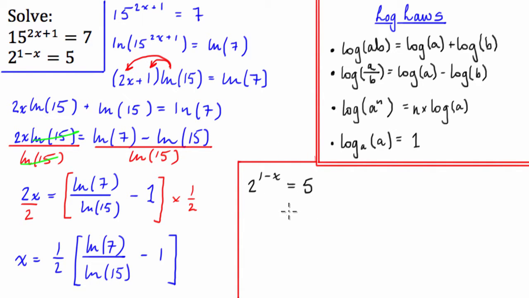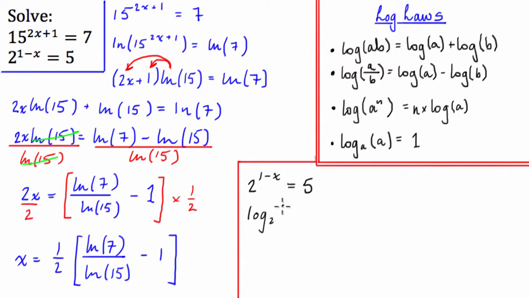The way I'm going to attack this second question is, rather than just taking the natural logarithm of both sides, I'm going to use this log law here, log a to the a equals 1, to simplify this one further, as a bit of a demonstration. So I'm going to use log to the base 2 of both sides.